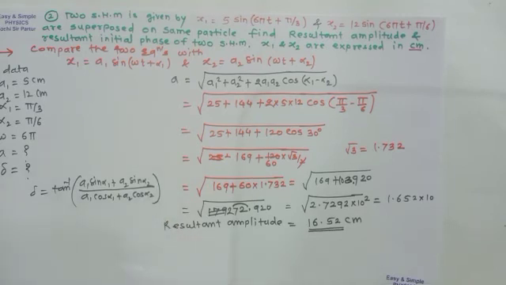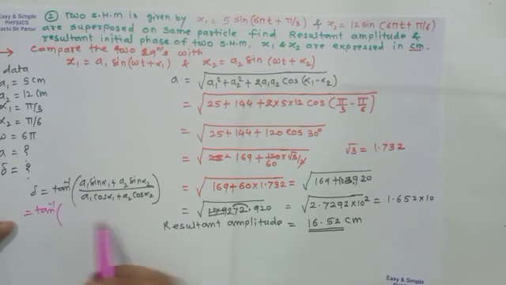If we substitute the values, it will be tan inverse in bracket a1 is 5 into sin of alpha 1, pi by 3 means sin 60.